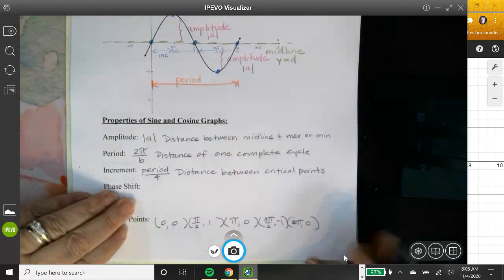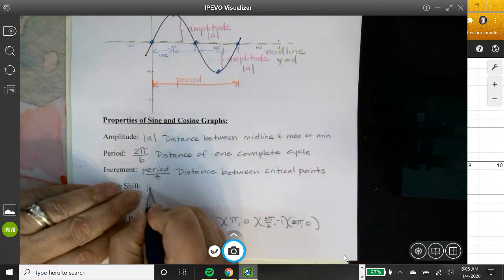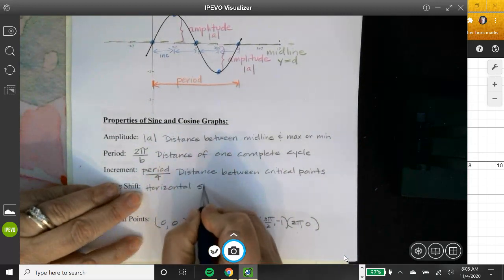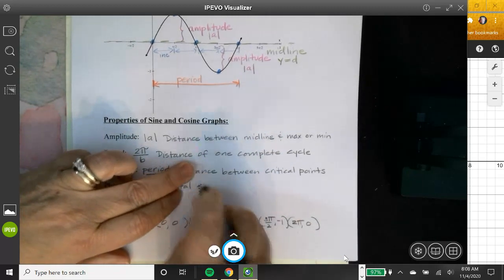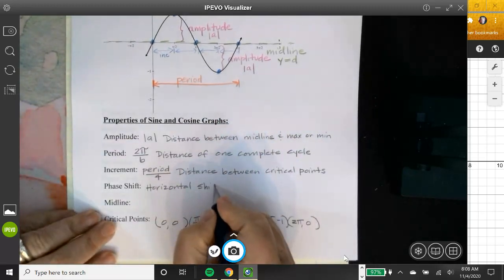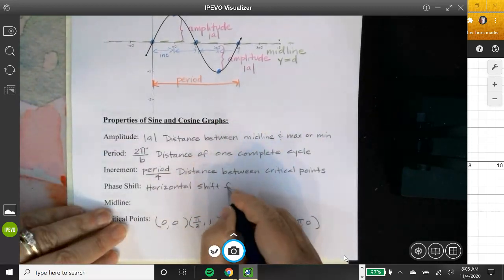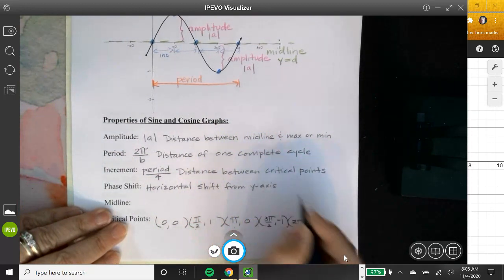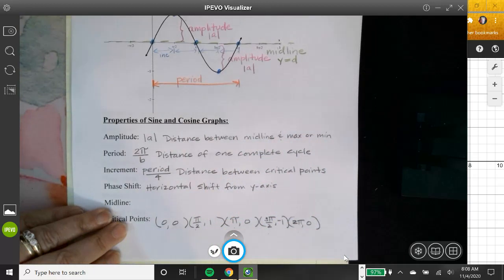Now, the phase shift. This is the horizontal shift from the y-axis, just like it would be with a parabola, shifting left or right.